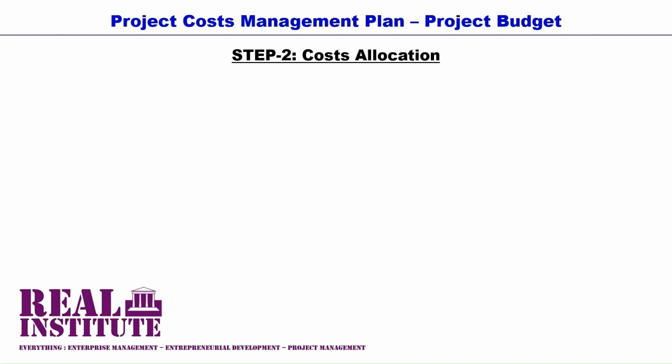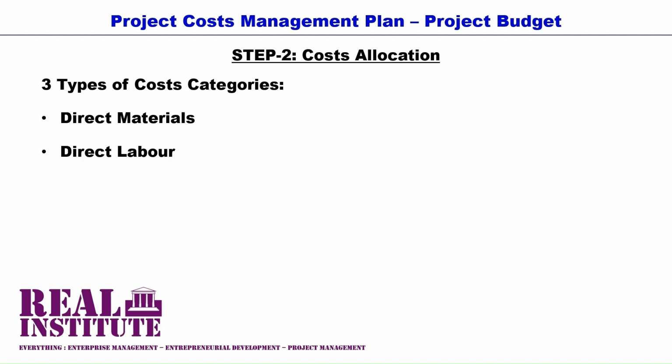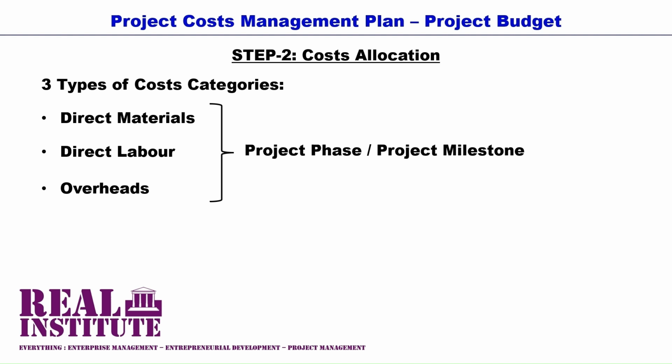There are 3 generic cost groupings that a project manager can use, and they are direct materials, direct labor, and overheads. That is, within each project phase or project milestone, the direct materials are listed and grouped together and then totaled into direct material costs. The same is done for direct labor and for overheads.